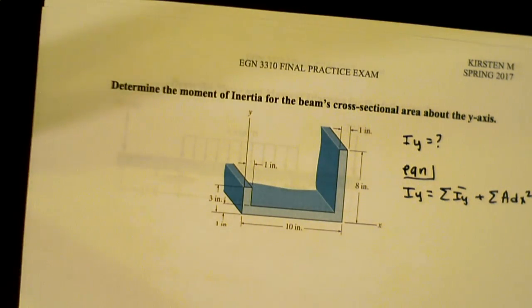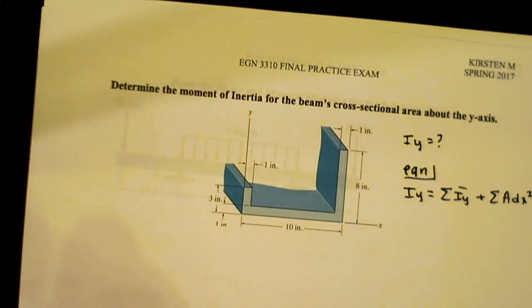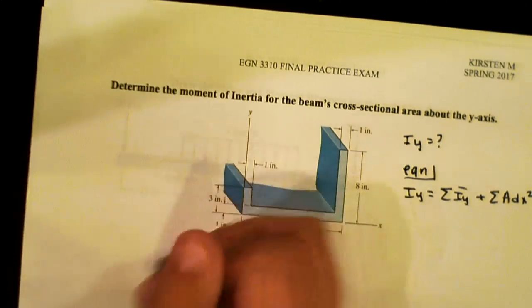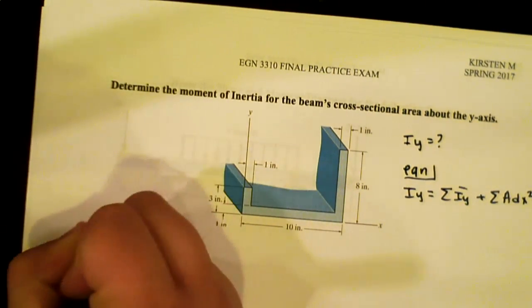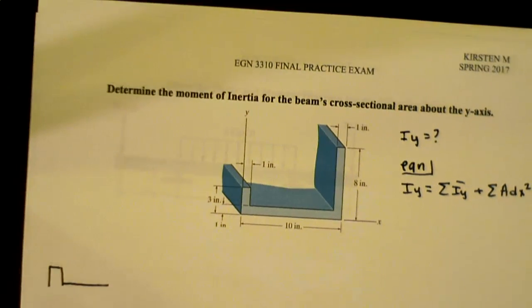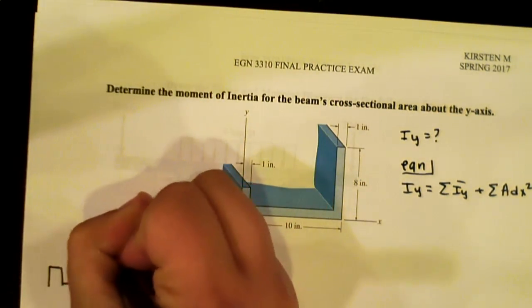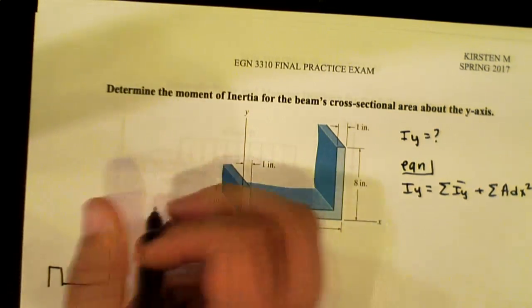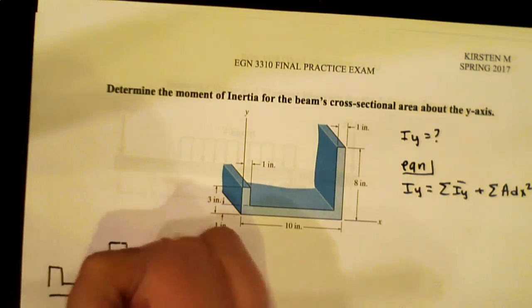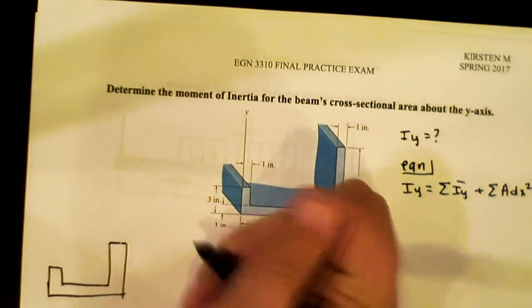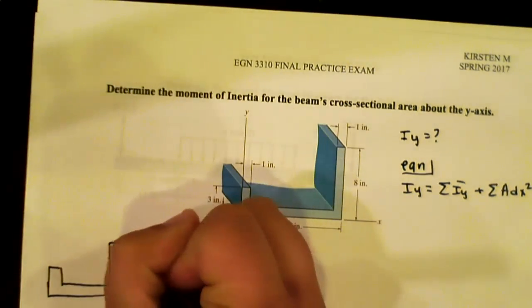After I figure out which equation I'm going to use, I like to just draw it in 2D because 3D looks kind of scary and I don't want to be scared on my final. If you can't see anything, just let me know. So we know this distance is going to be 8 inches.